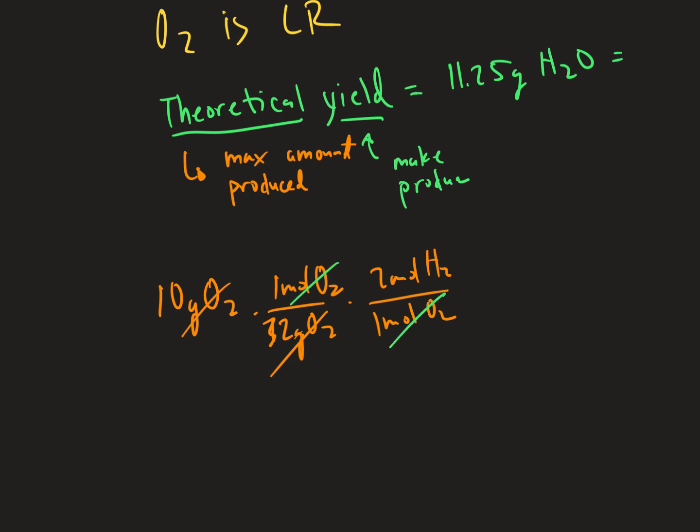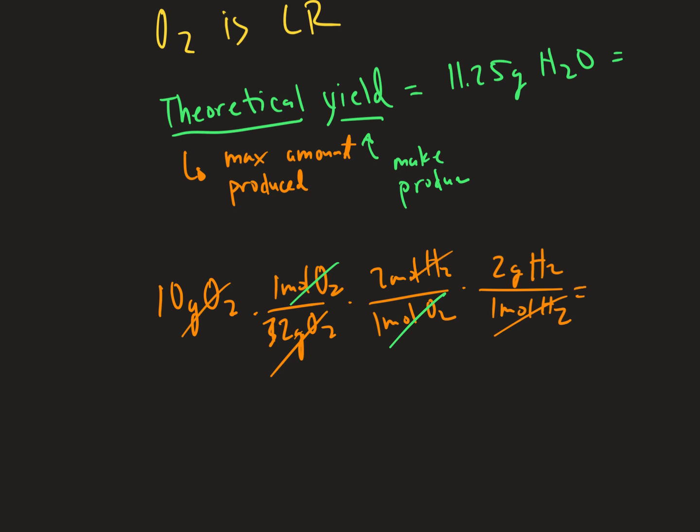Thanks for stopping me. Okay. And then we use the molar mass to go from moles to grams, right? So for every 1 mole of hydrogen gas, we have 2 grams of hydrogen gas. That's the molar mass of hydrogen gas.